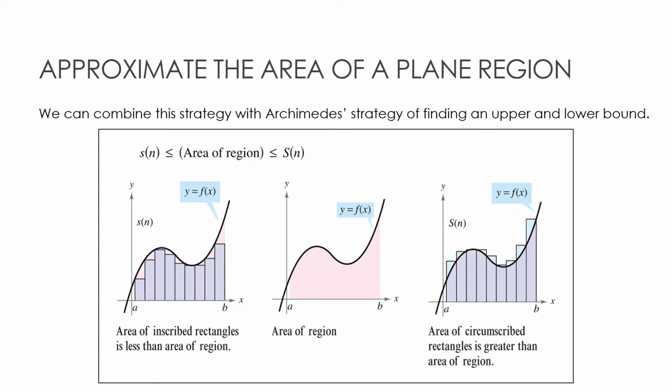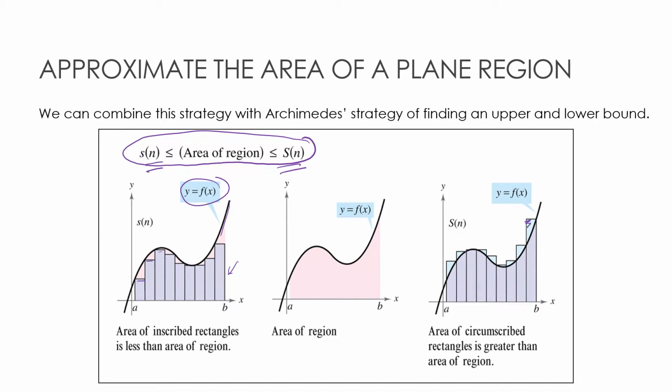So essentially we're doing the exact same thing that we did before. We're saying, what if we found an underestimation and an upper estimation? So notice here on my first picture, I've got my f of x, and all of these rectangles are below, so this is an under representation of area. And in this one, I made all of the rectangles go up to the top of the figure.